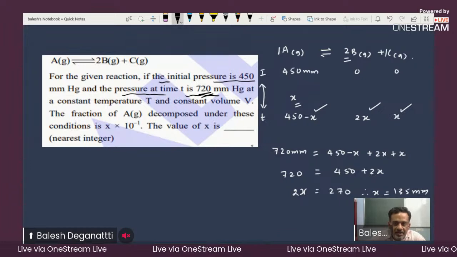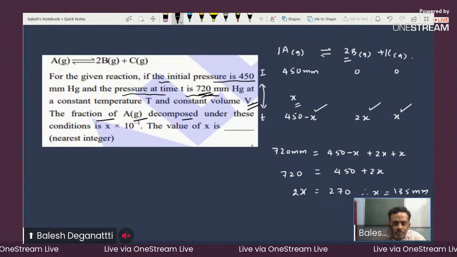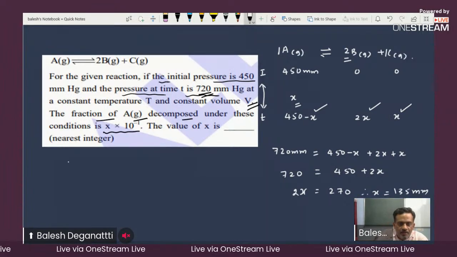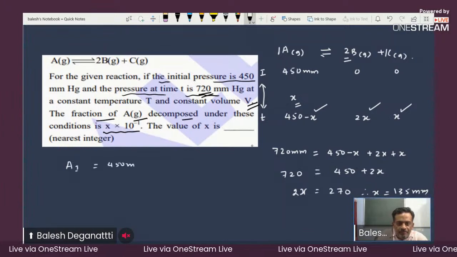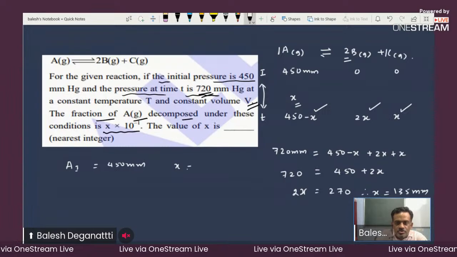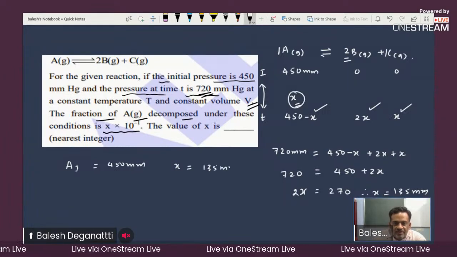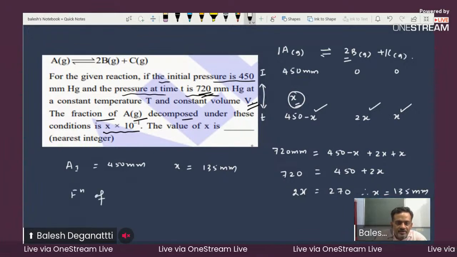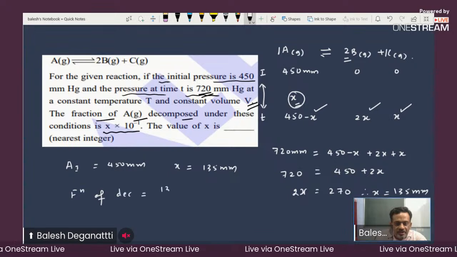So till here we are done, right? Now what is asked? Fraction of A decomposed under these conditions. Now how much was A initially? That was 450 mm. How much is dissociated? X. But what is X? 135 mm. So now they have asked you the fraction of decomposition. How much is decomposed? 135.